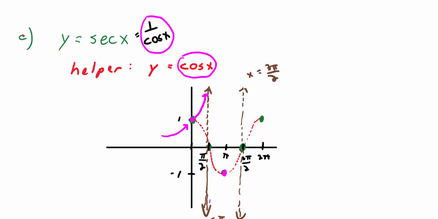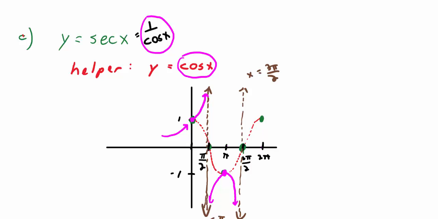And then you get kind of an upside down U shape. If you plot a few more points, you can convince yourself you'll get an upside down U shape in between the asymptotes. As you go to the right, it goes down forever and ever and approaches this right-hand asymptote. As you go to the left from the point (pi, negative 1), it goes down forever and ever and approaches this asymptote to the left.